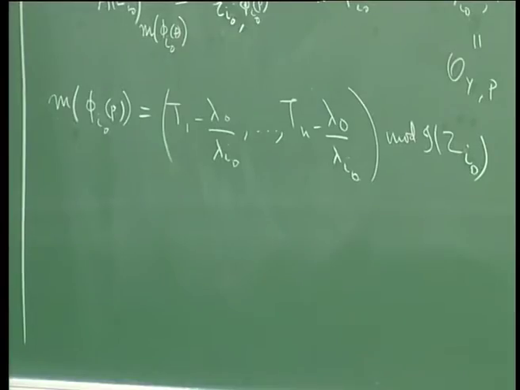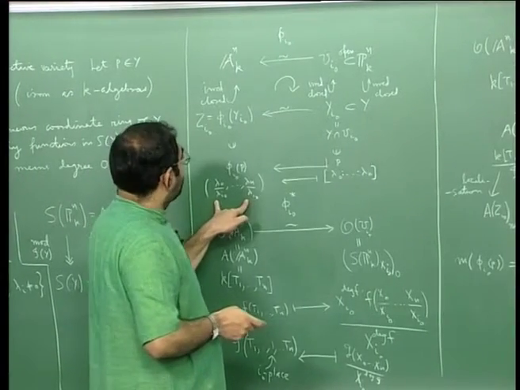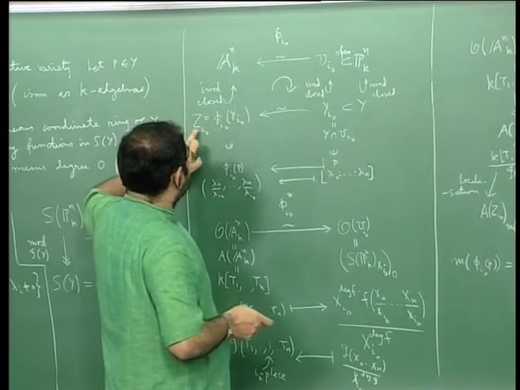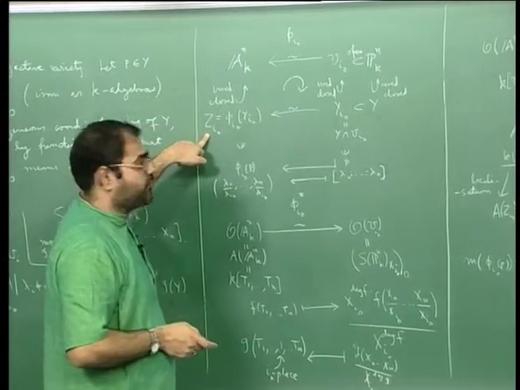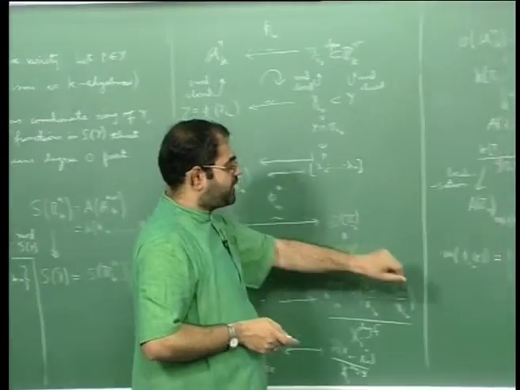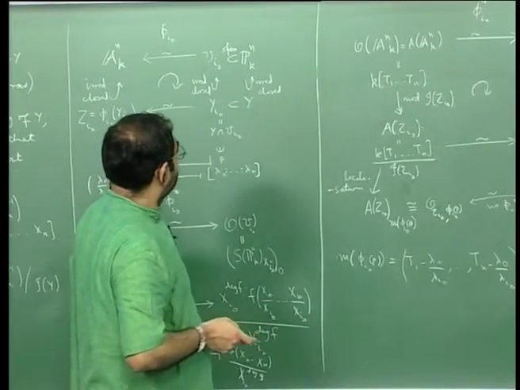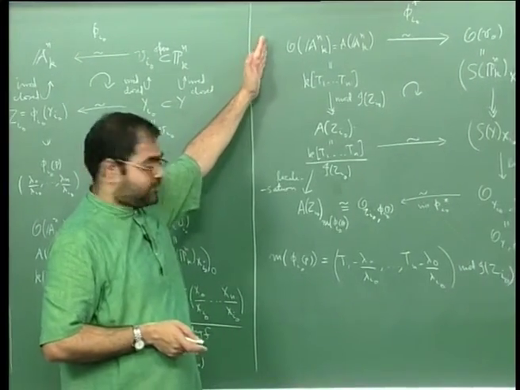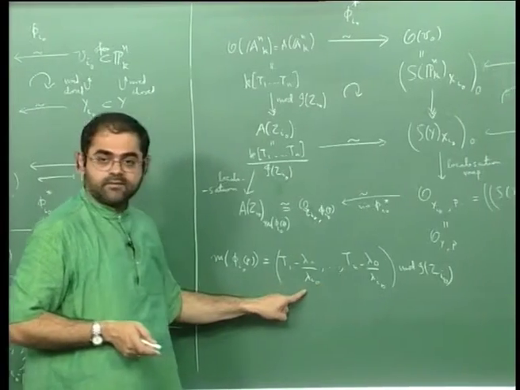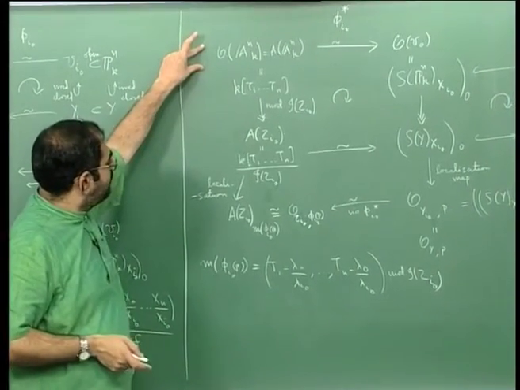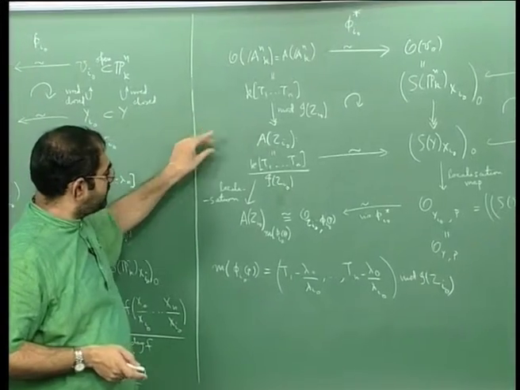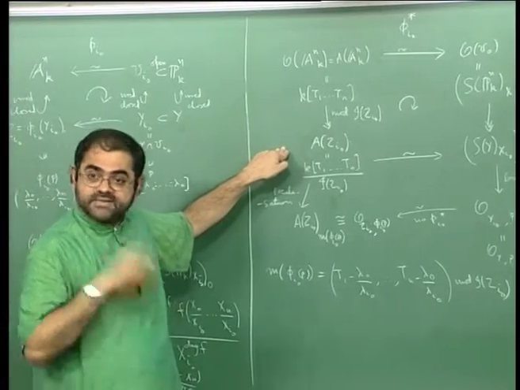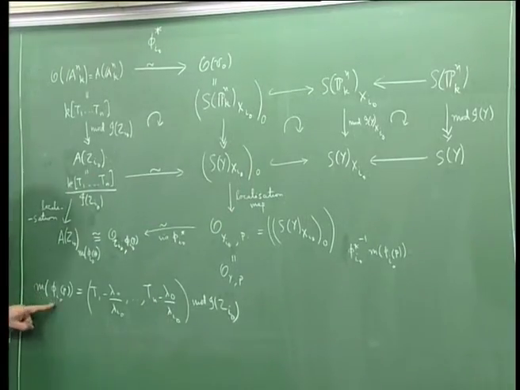The maximal ideal of this point is just the maximal ideal of this point in the affine space modulo the ideal of Z_i0. So this point corresponds to a point in affine space, so it corresponds to a maximal ideal here. That maximal ideal mod I of Z_i0 will give me the maximal ideal in A of Z_i0 to which the point corresponds in Z_i0. So this is what it is.